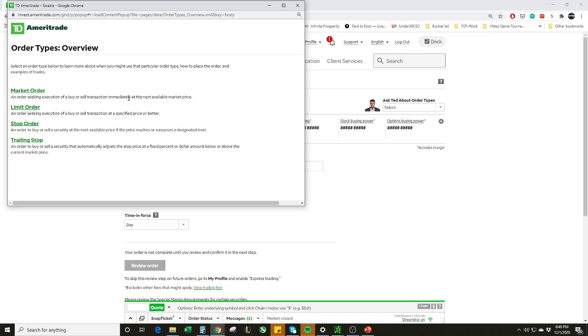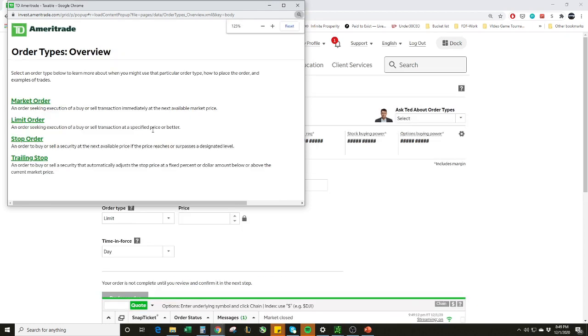Limit orders: an order seeking execution of a buy or sell at a specified price. So limit orders guarantee price. They don't guarantee execution. If you get filled, you will get filled at the price you designate or better, but it doesn't guarantee that you get filled.